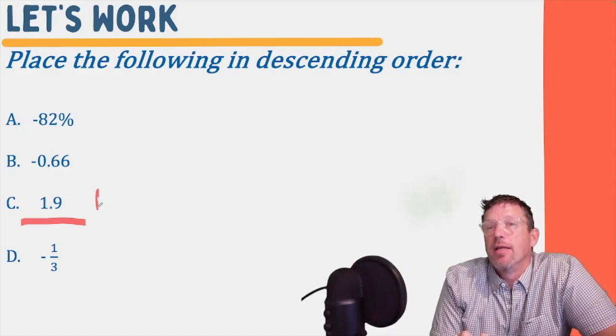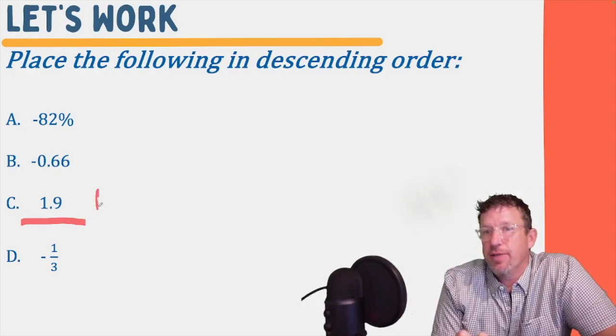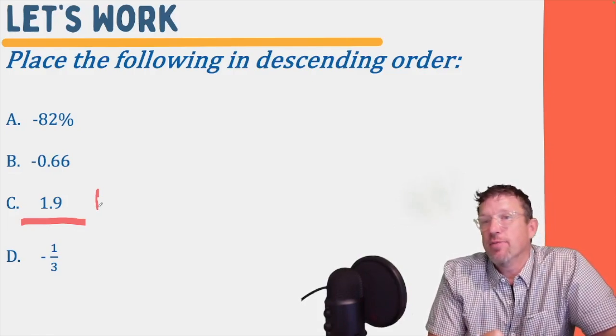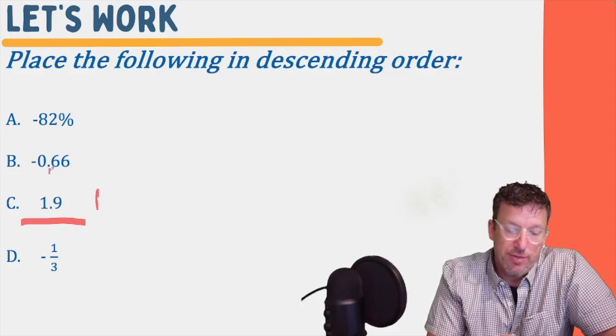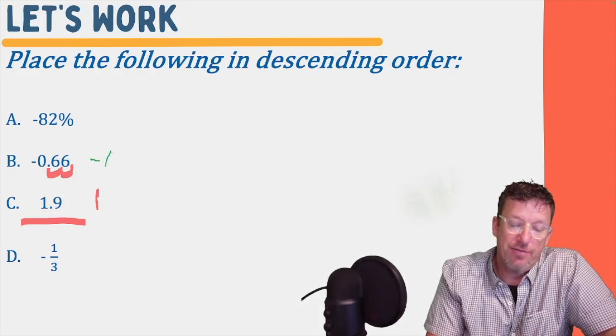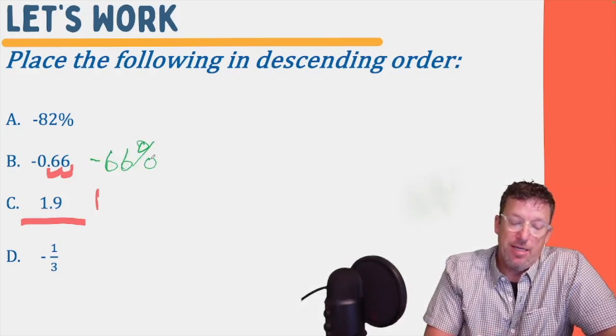Okay? Now, we have to figure out how to turn these into percents so we can compare them. All right, so we already have negative 82%. How do you turn a decimal into percent? You move it 2 places to the right, and that gives you a new decimal, which gives us 66, so we have negative 66%. Okay, negative 1/3.